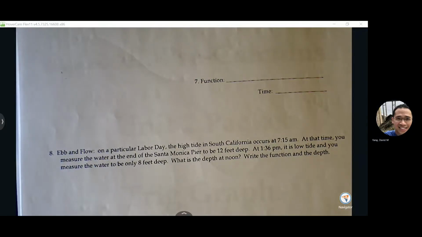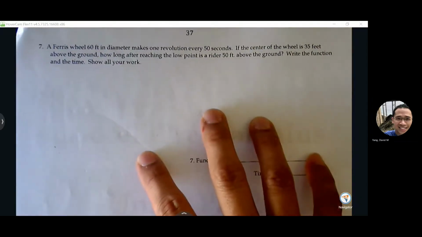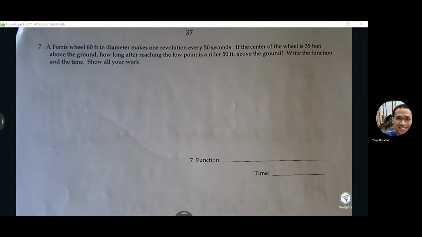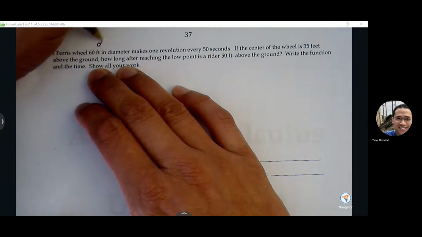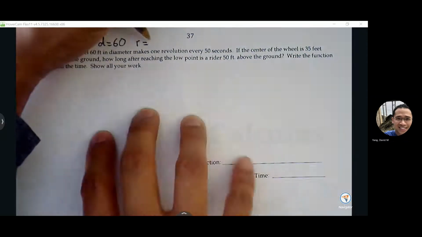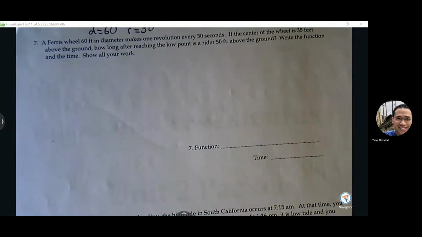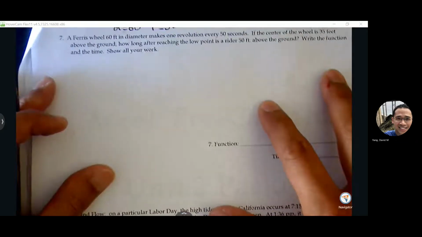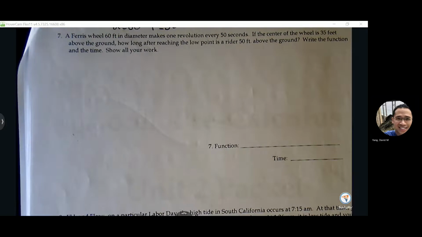Go ahead and read number 7 and see if you're able to draw the graph and identify all the information to be able to write an equation. Raise your hand if you still need this page. Everybody okay?